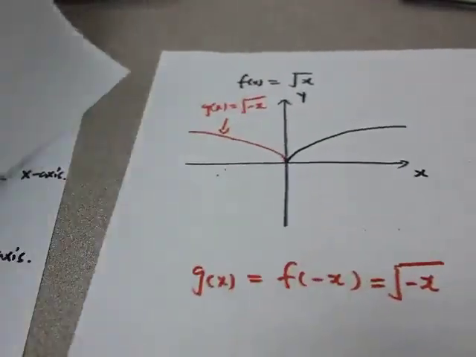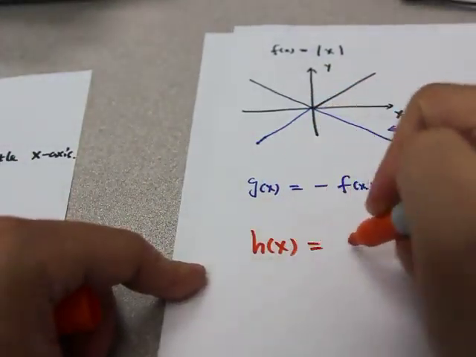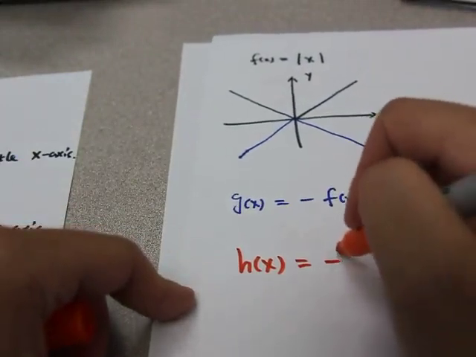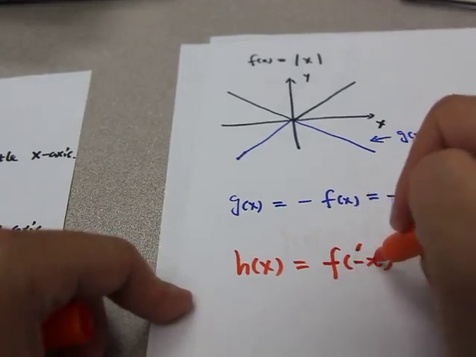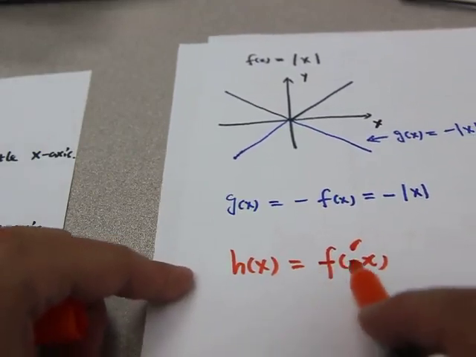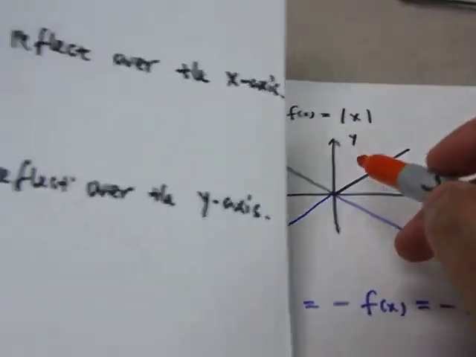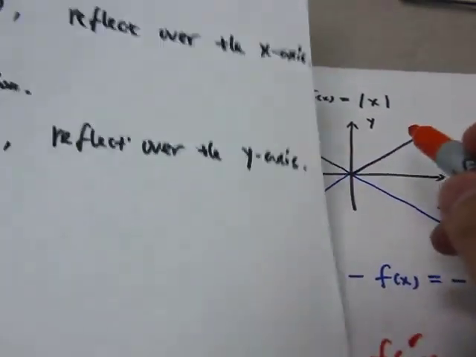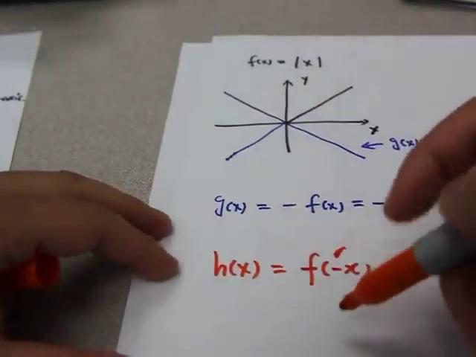For example, here, if I want to graph f of negative x, that means I need to turn the graph over the y-axis, right?